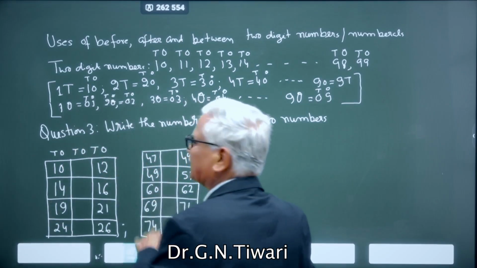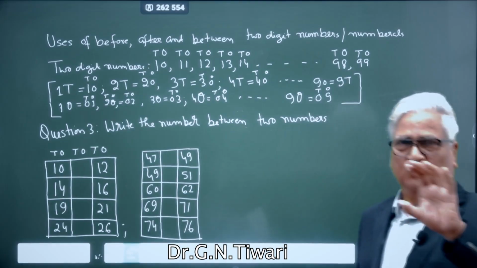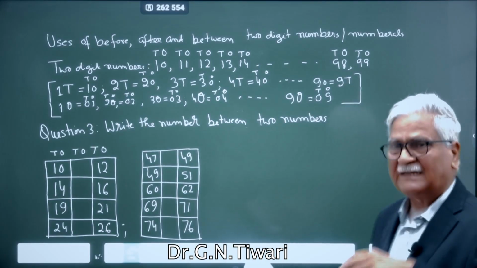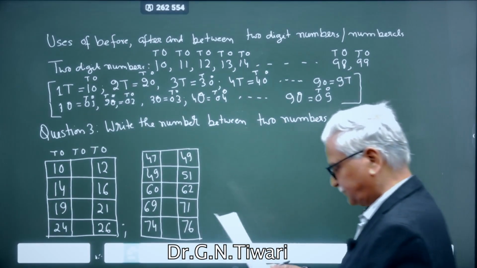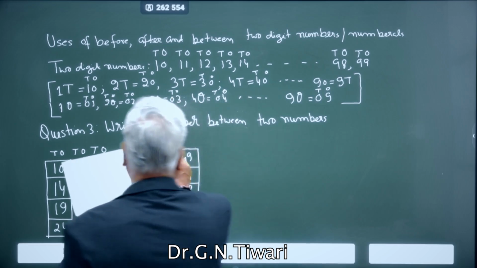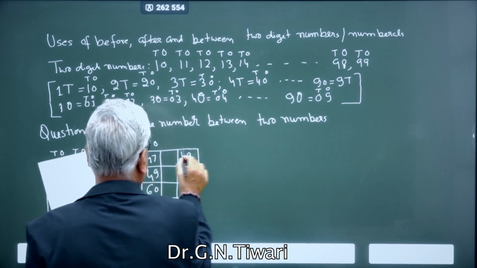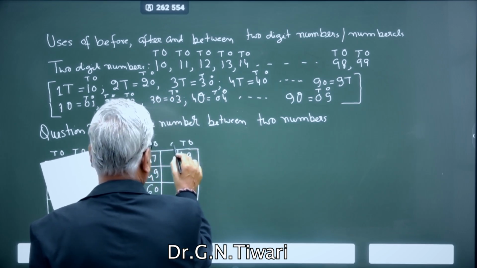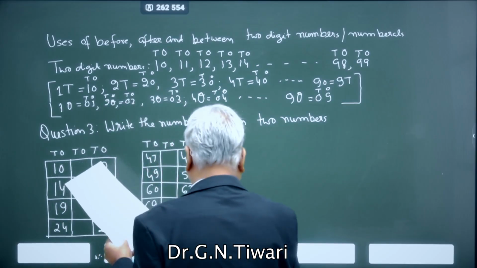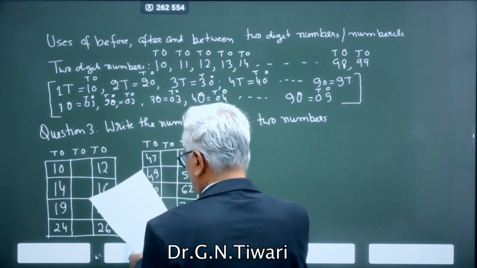I have increased because you can do this also. You can have 3 also, 2 also, 1 also in a question, in an examination. Then the third.